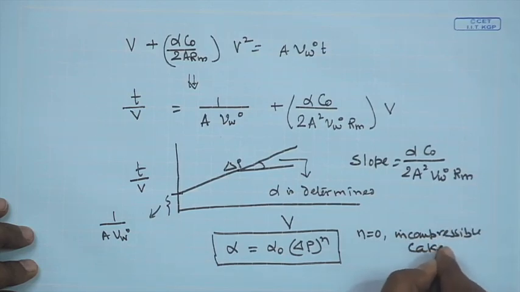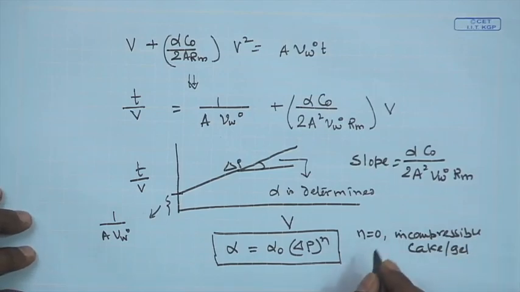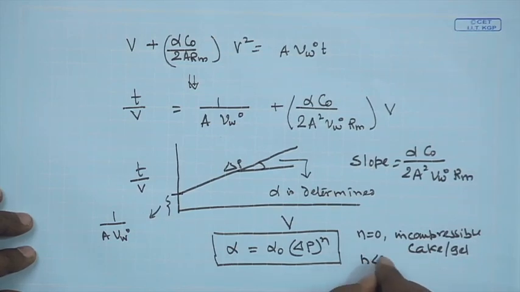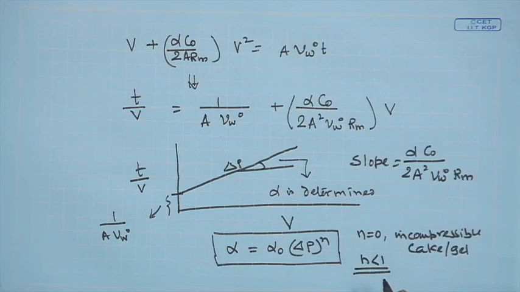Otherwise, the gel is compressible, and typically the value of n is less than 1 generally. It gets compressed, its ε_g or the porosity decreases as we increase the transmembrane pressure drop. So, this is how the specific gel layer resistance is estimated in case of gel controlling filtration.